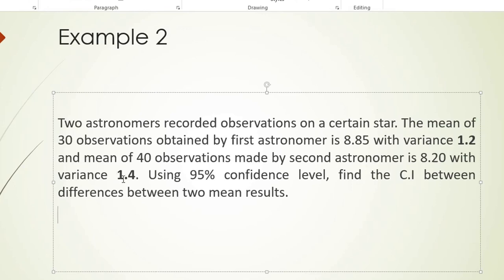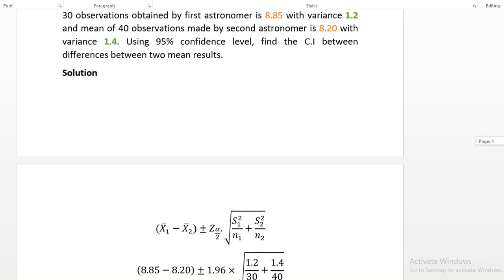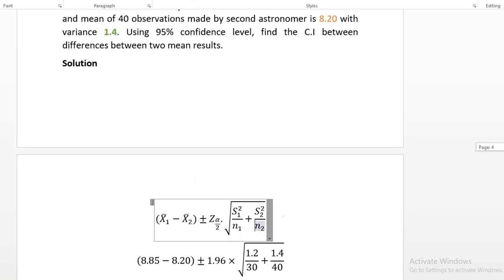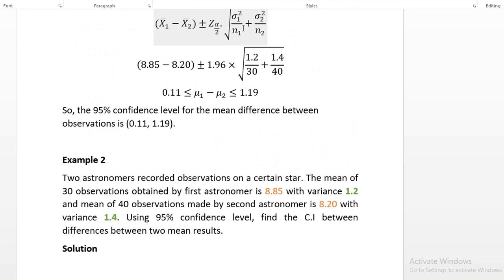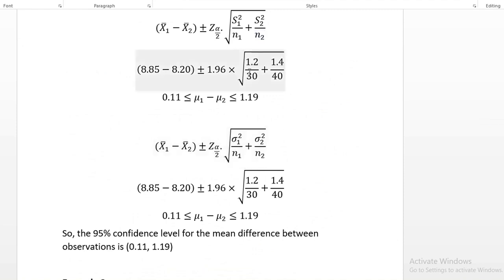So these variances are the sample estimates. The only difference is in the standard error. We just have to place S in place of sigma. The results are the same, but we have to use an entirely different standard error.